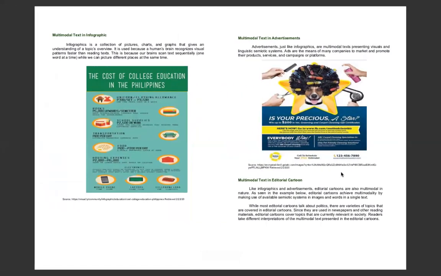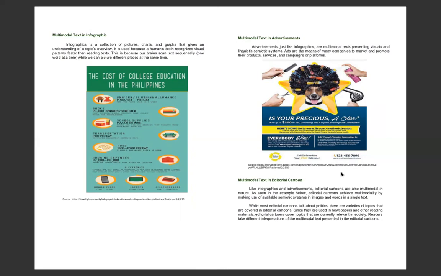And lastly, multimodal text in editorial cartoons. Like infographics and advertisements, editorial cartoons are also multimodal in nature because obviously they have visuals, images, and also words or the linguistic system.